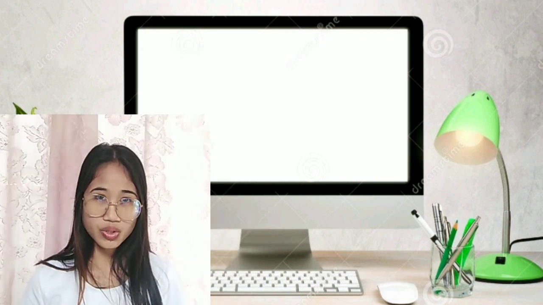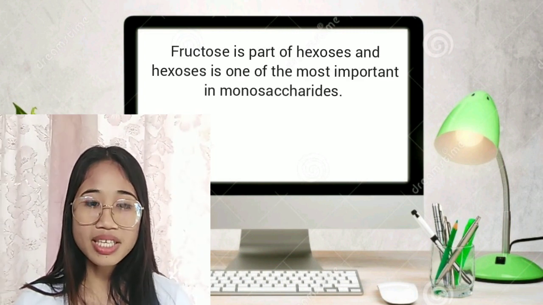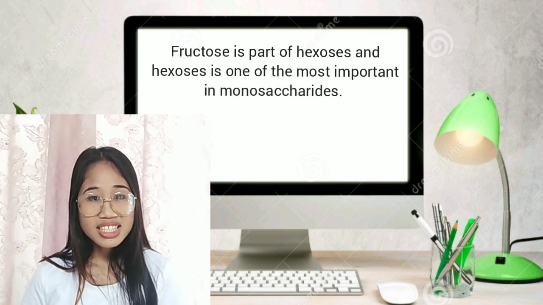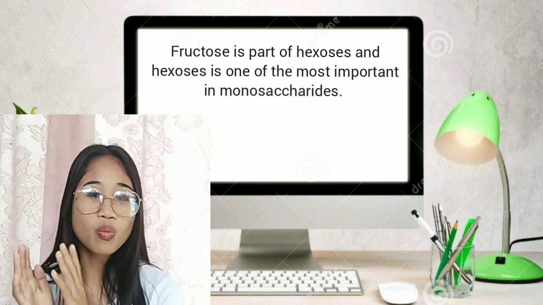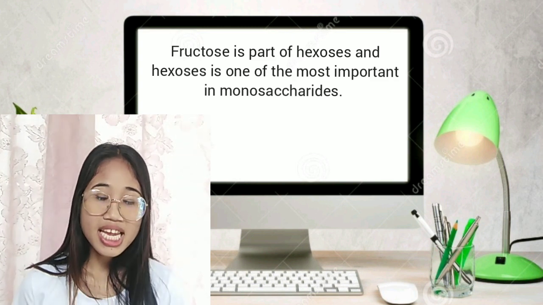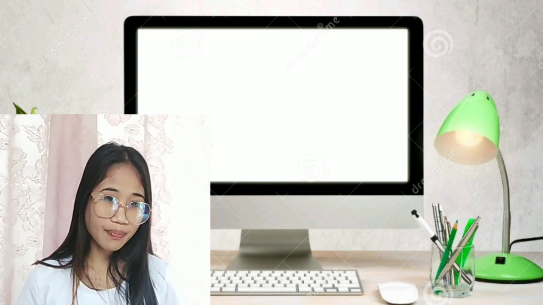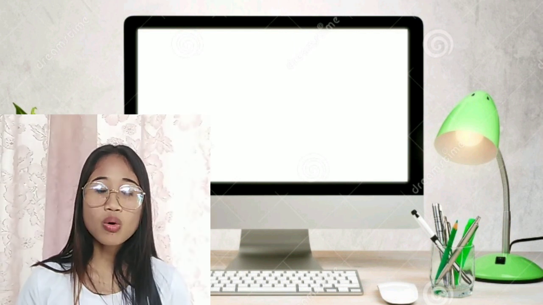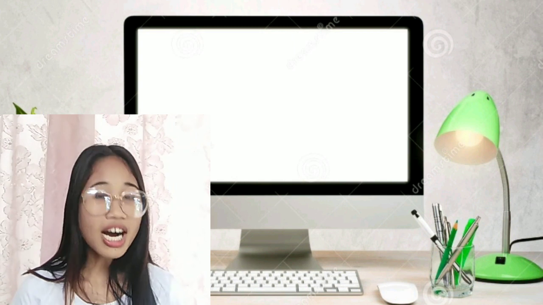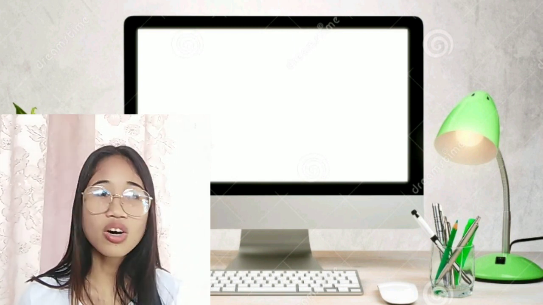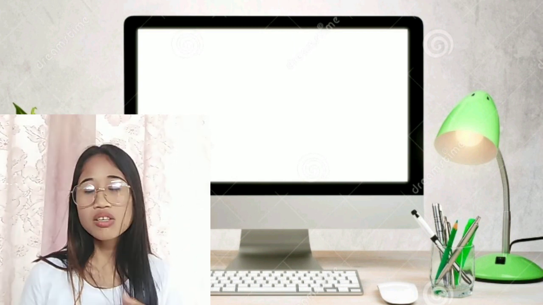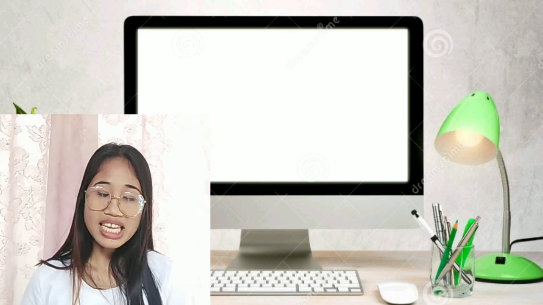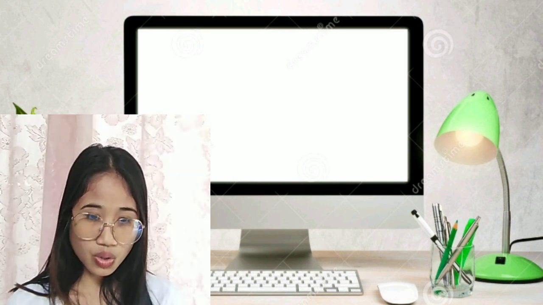Fructose is part of the hexoses, and hexoses are important monosaccharides. Fructose is a ketohexose that occurs in fruit juice and honey, and along with glucose is a constituent of the disaccharide sucrose.